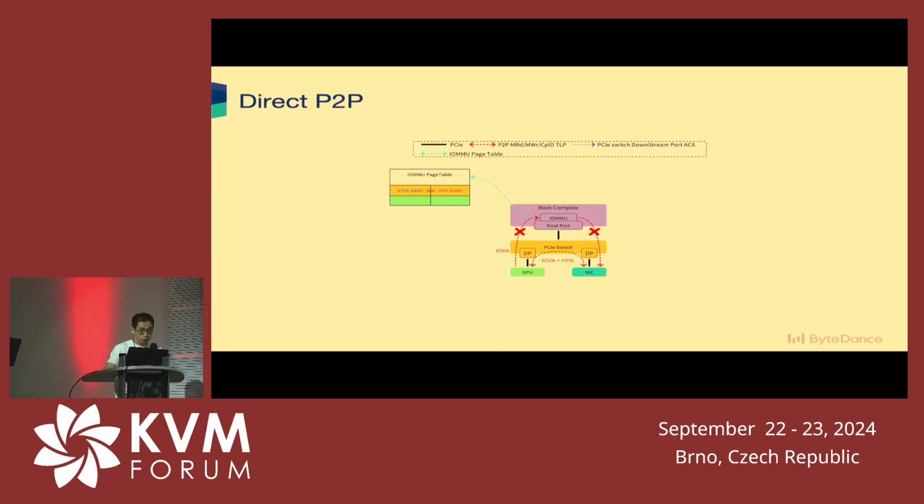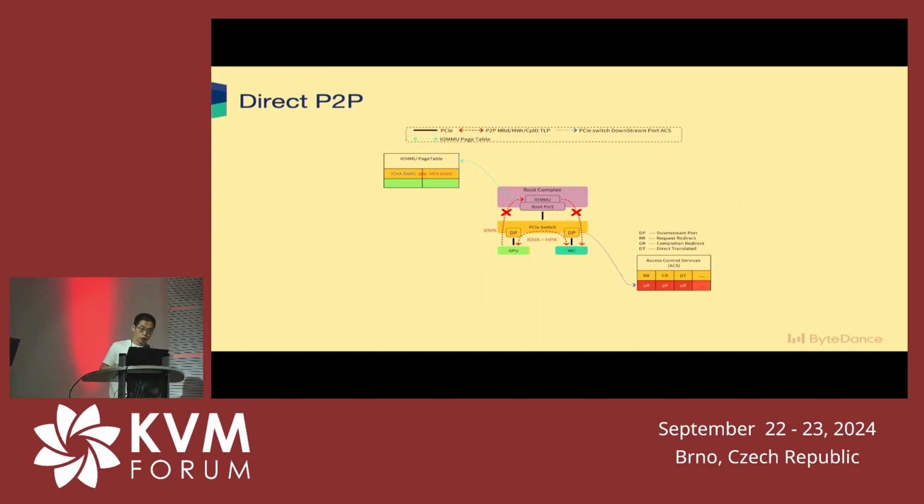So maybe now the switch can route this TLP based on the LVA address directly, because the LVA is equal to the HPA. For question two, we just need to disable all ACS control bits to make sure that the TLP will not be redirected to the root port. Let's look at the detailed design.